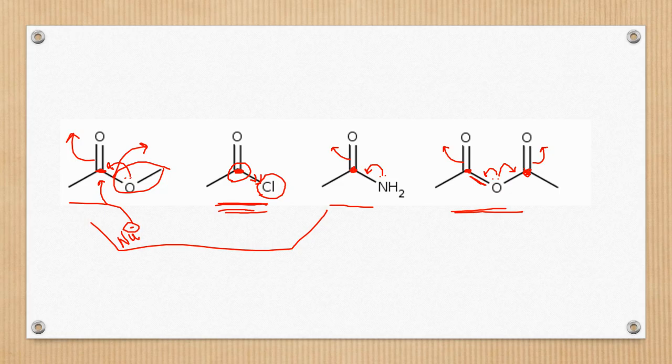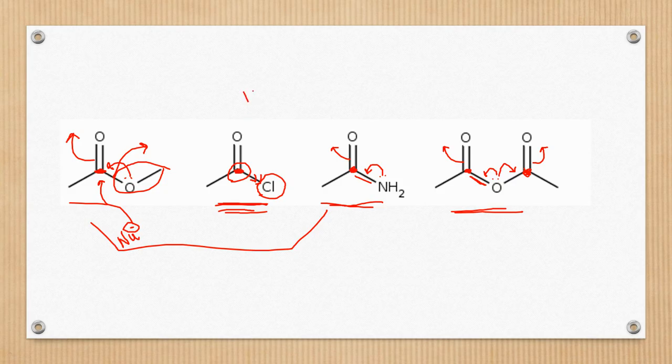Here oxygen and nitrogen: oxygen is more electronegative than nitrogen. So that is why the delocalization in the case of amide is higher than ester, which means there is more partial positive charge at this center in ester than in amide. So the electrophilic character of this carbon is higher in the case of ester than amide.